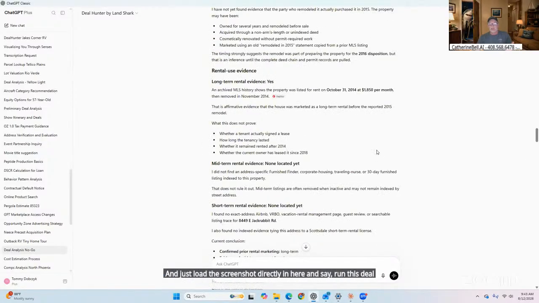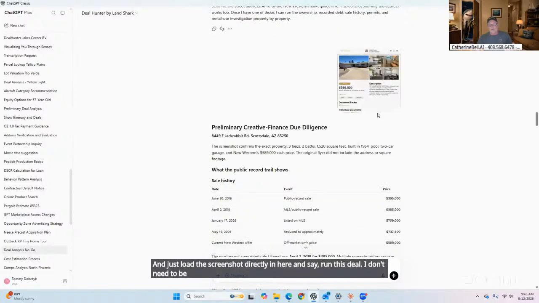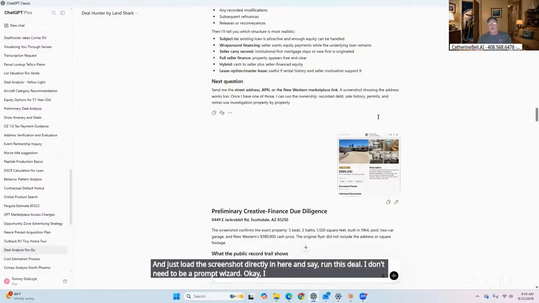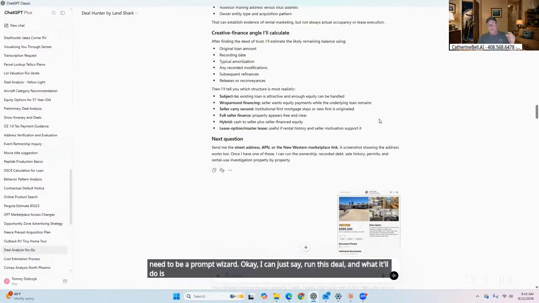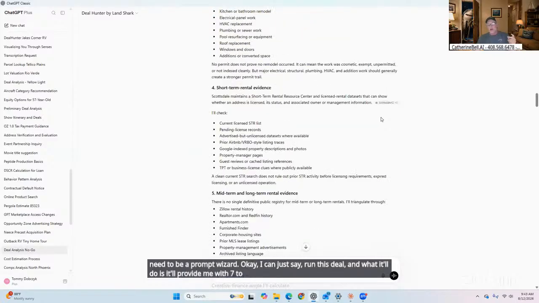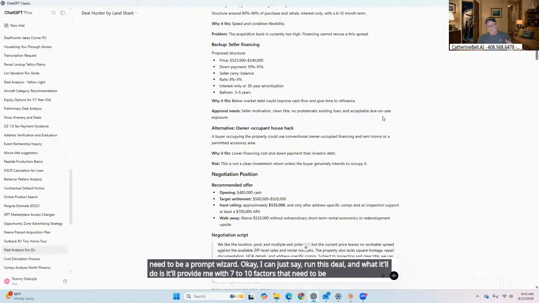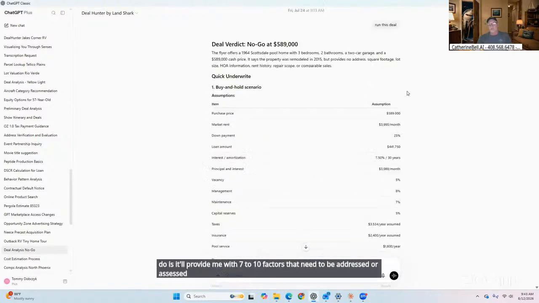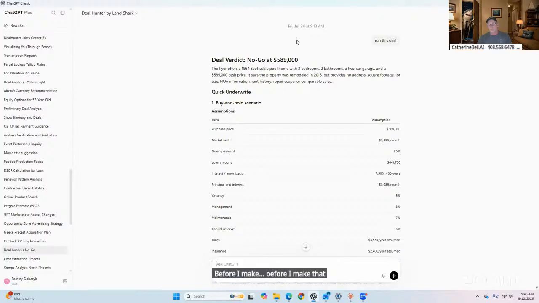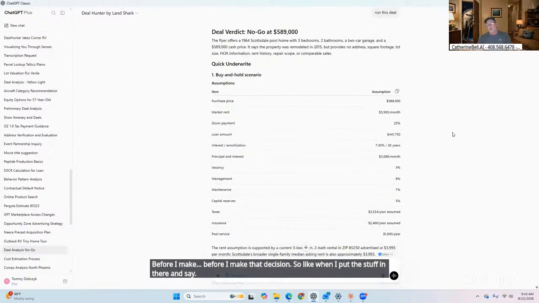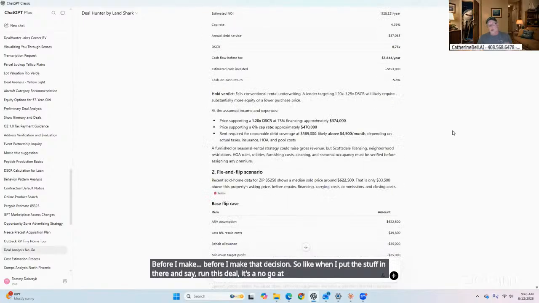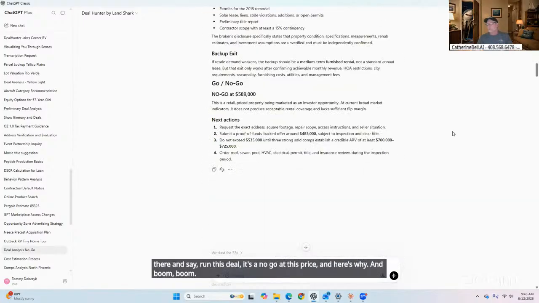I don't need to be a prompt wizard. I can just say, run this deal. And it'll provide me with 7 to 10 factors that need to be addressed or assessed before I make that decision. So when I put the stuff in there and say, run this deal, it's a no-go at this price, and here's why. Boom, boom, boom, boom, boom.